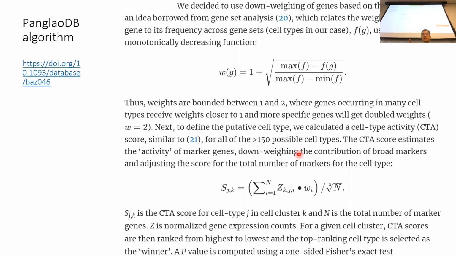If I give you just one cell, can you do this? In principle, you should be able to do it. You can assign a cell type to every individual cell. What's the problem with that?